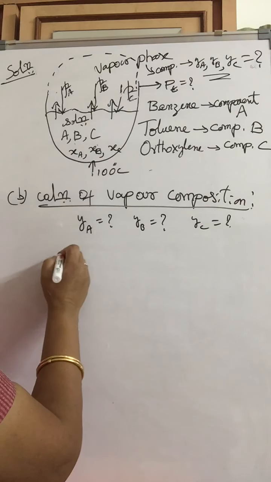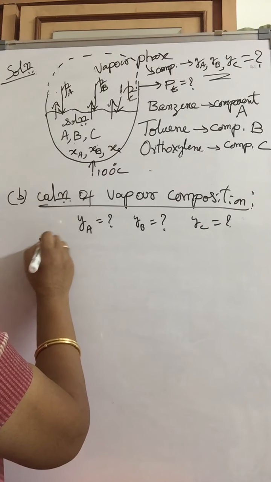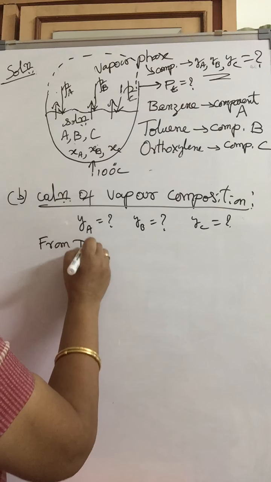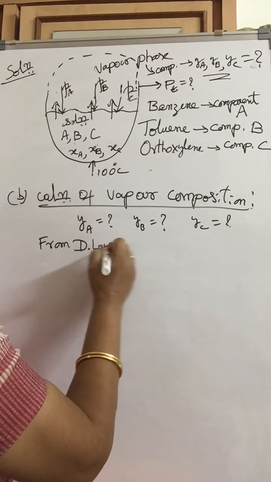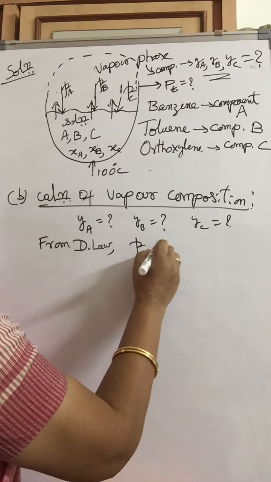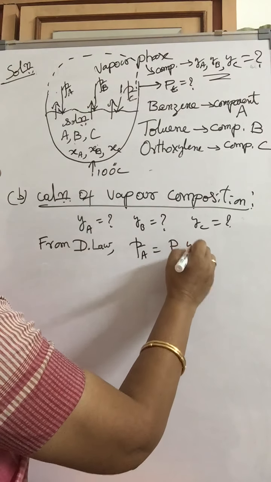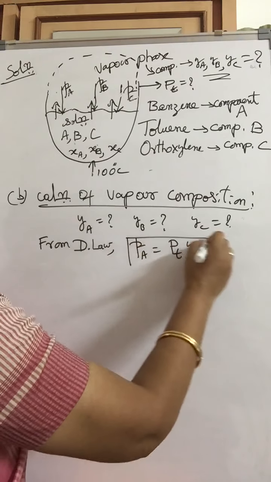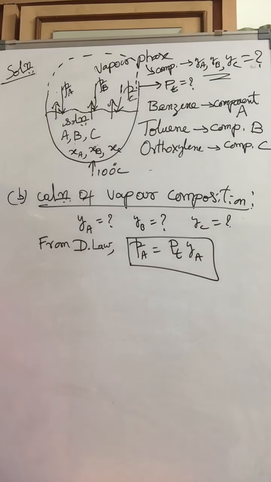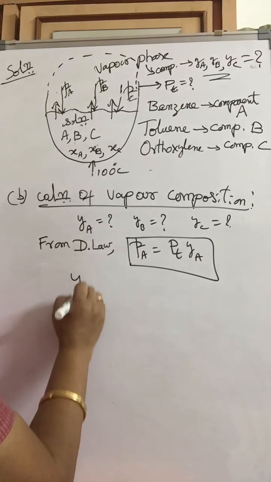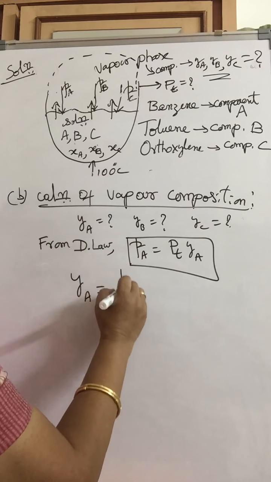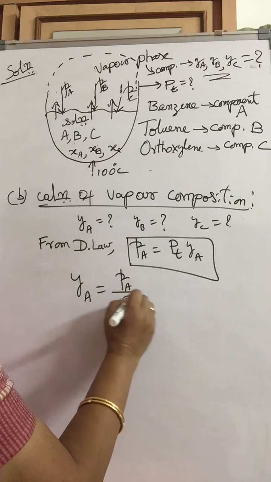For this we know Dalton's law. From Dalton's law, PA is equal to PT YA. So you need to calculate YA. YA is equal to PA by PT.